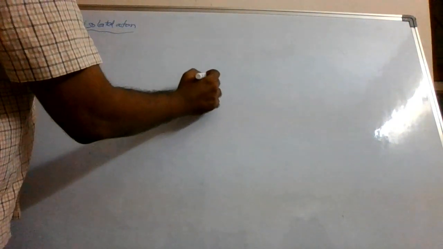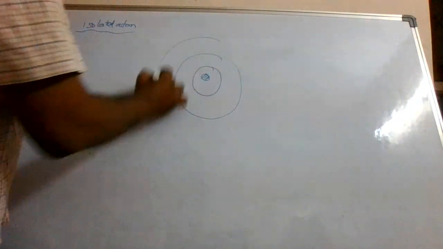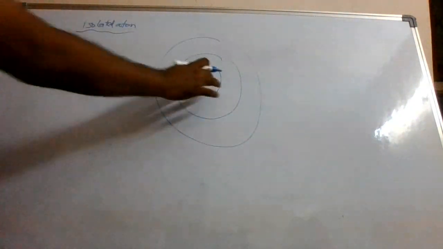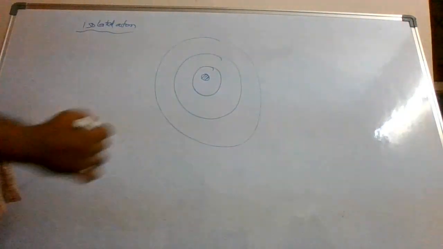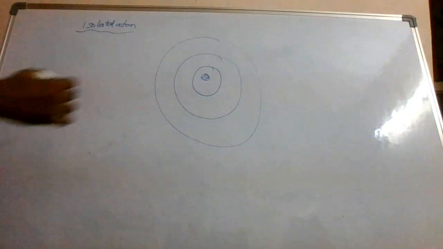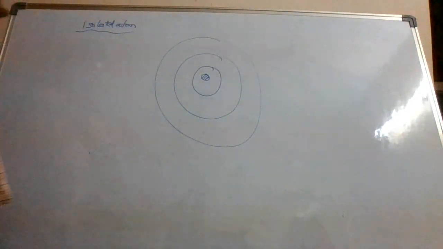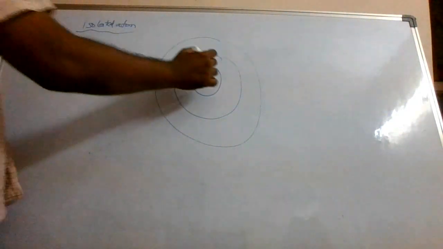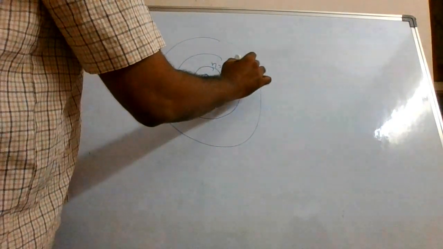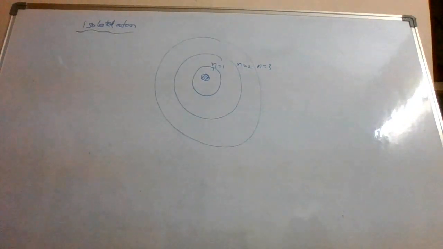Any atom has a nucleus and specific orbits, and each orbit has a particular energy level as per Bohr's postulate. When the electron is rotating in a particular orbit, it will have a constant angular momentum. This corresponds to n equal to 1, n equal to 2, n equal to 3, and so on. Any atomic structure will be like this only.